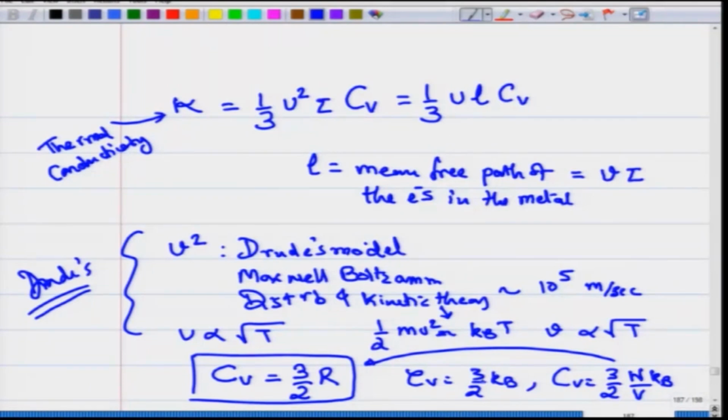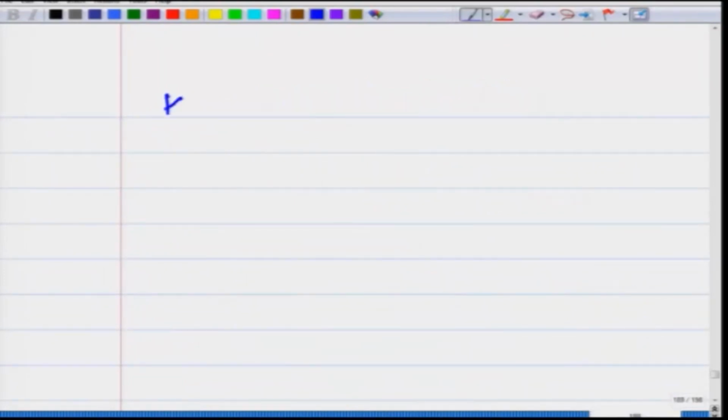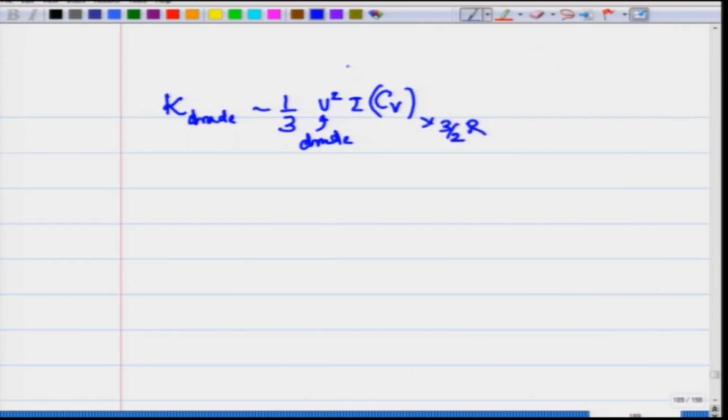So, this is what you get, 3 by 2 R. Okay. So, therefore, in the Drude's theory, your thermal conductivity, the kappa from Drude was 1 by 3 v square, which is from Drude, into tau into C v, which was 3 by 2 R, and this was 10 raised to 5 meters per second. Okay.